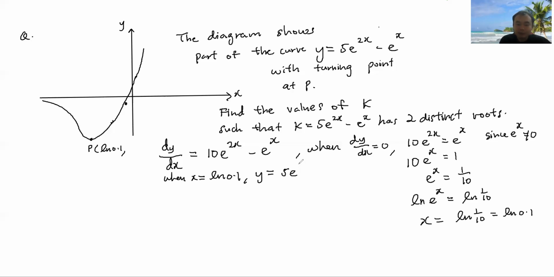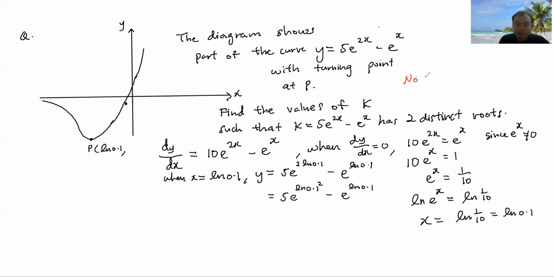5e^(2 ln 0.1) minus e^(ln 0.1). Let us simplify this a little bit. Can I write this as 5 times (e^(ln 0.1)) squared minus e^(ln 0.1)?